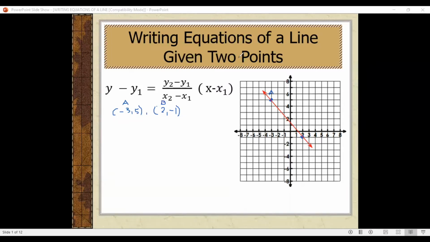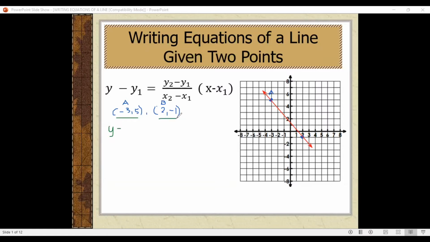So how are we going to do it? The variable that will stay here will be the variable y. So y will stay as a variable. So we will now have y minus, and we can choose whether our point 1 is the point (-3, 5) or (2, -1).